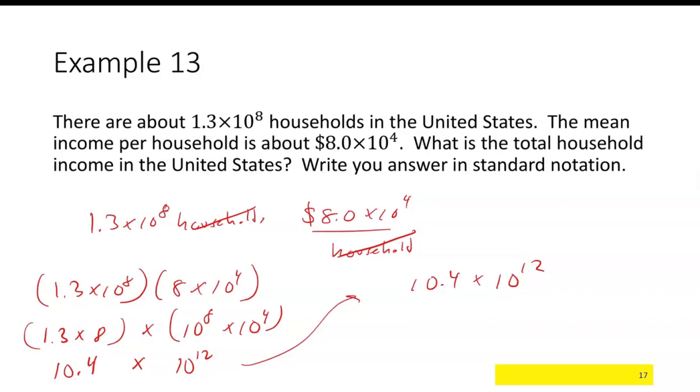So we have 10.4 times 10 to the 12th. That's not quite scientific notation, though I'm not being asked to write that. I'm asked to write this as standard. So scientific notation would be 1.04 times 10 to the 13th. I'd have to convert it so the first number is between 1 and 10. But what's being asked here, I need to move the decimal 12 places to the right.